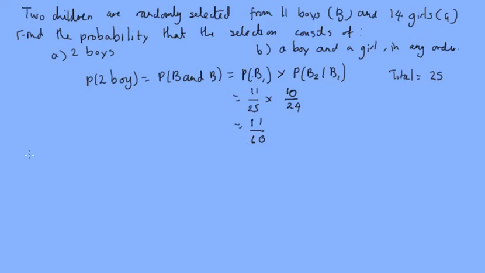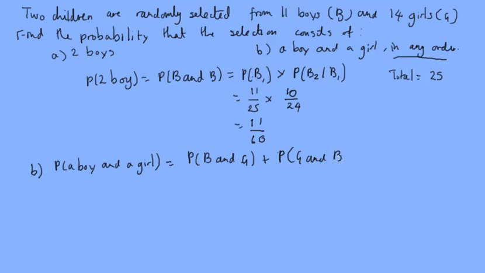Now, the probability of a boy and a girl. The important part here is in any order. So we need to think, what are the different orders that we could have? We could have the probability of a boy and a girl, or, because we're doing a probability of one or another, we add the probability of a girl and a boy.